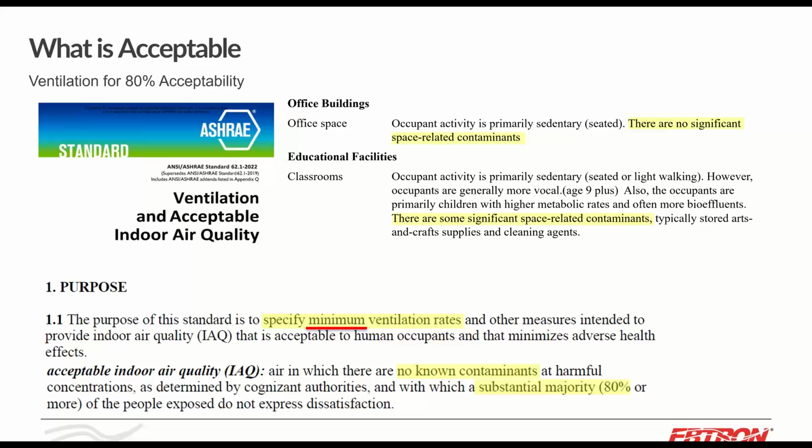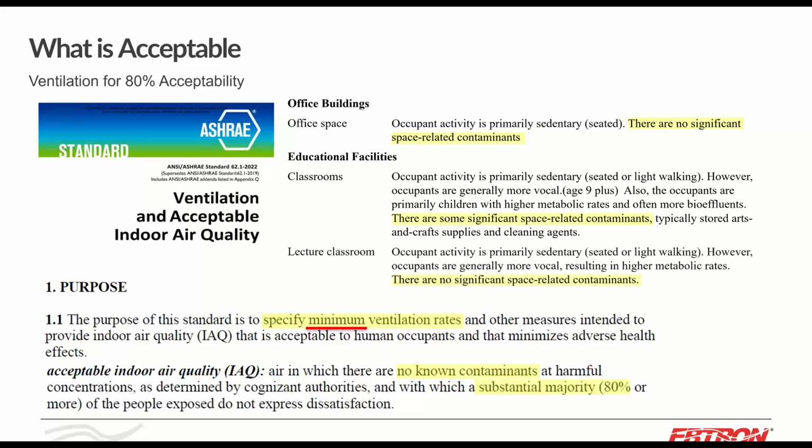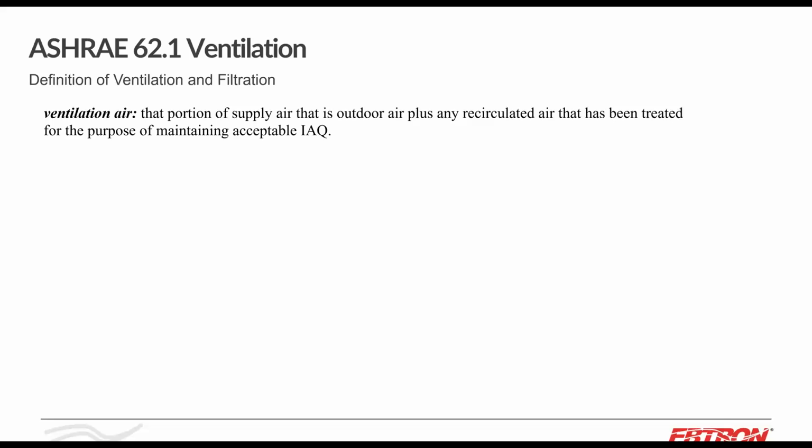And a lot of these things are source controlled as well. The same thing with electric classrooms. What I'm trying to note is we're not considering all the contaminants when we're talking about the minimum ventilation rates. There's a lot of contaminants in the space that we're completely unaware of. All those things that I had on the table before are in the Why Indoor Chemistry Matters handbook that you can access.